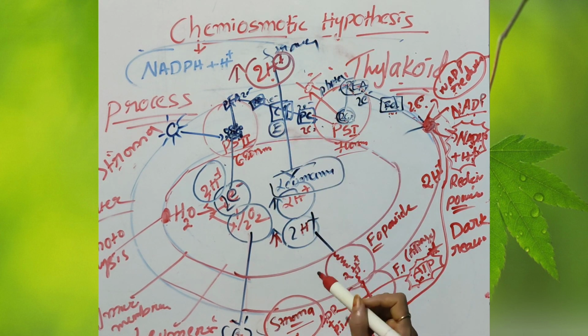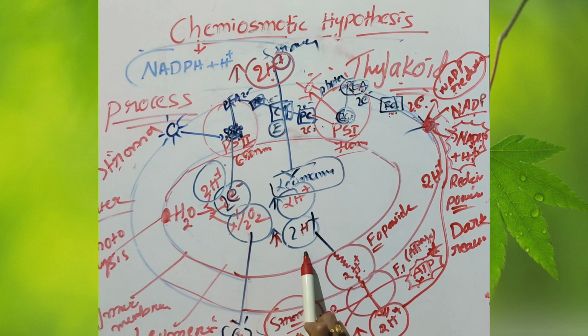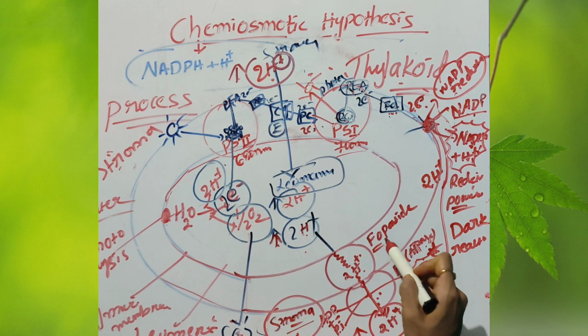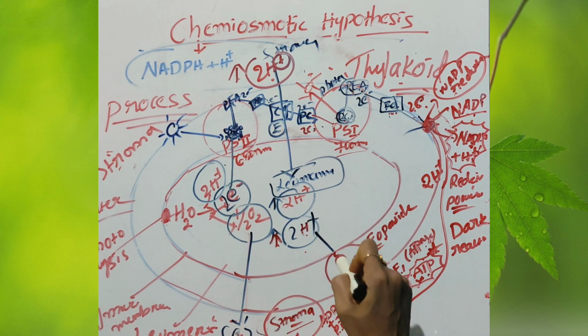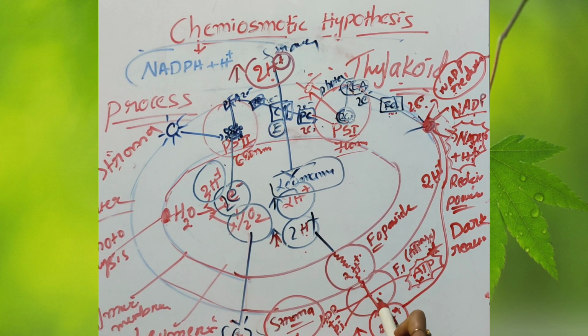Osmosis is an important process, where protons are transported from high concentration to low concentration through the 2 important carrier molecules, F0 particles and F1 particles. Okay, these two are the embedded proteins, and finally ATP and NADPH are synthesized. These two are important compounds for the dark reaction for the synthesis of the glucose molecule.